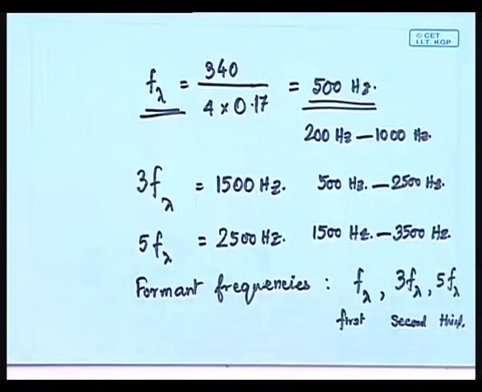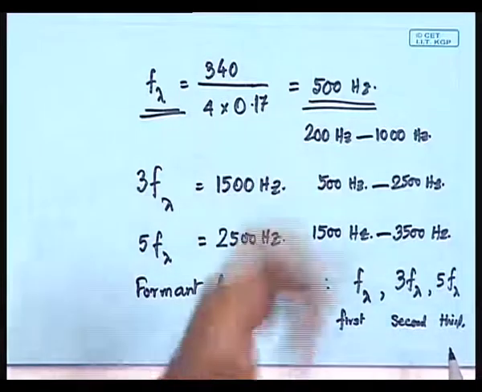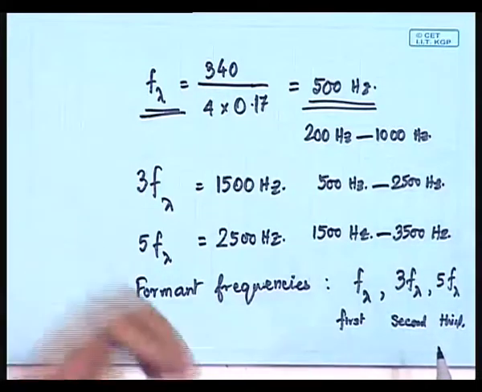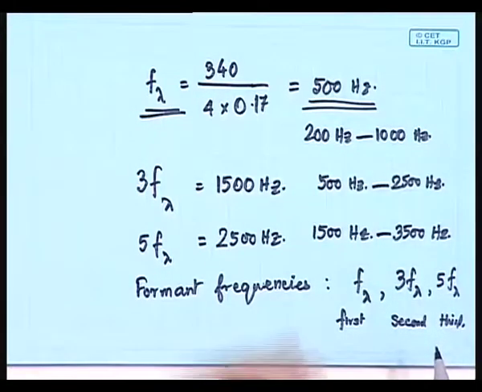Actually, more than 3 formant frequencies we generally do not consider, because if you consider the 4th formant frequency, according to this calculation itself, it goes to 3500 hertz. And considering its wide range of variation, it will be well above 4 kilohertz, 5 kilohertz.